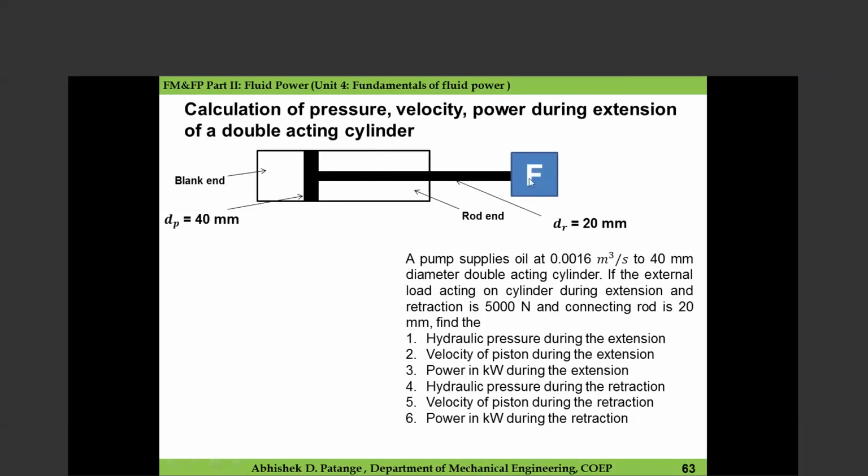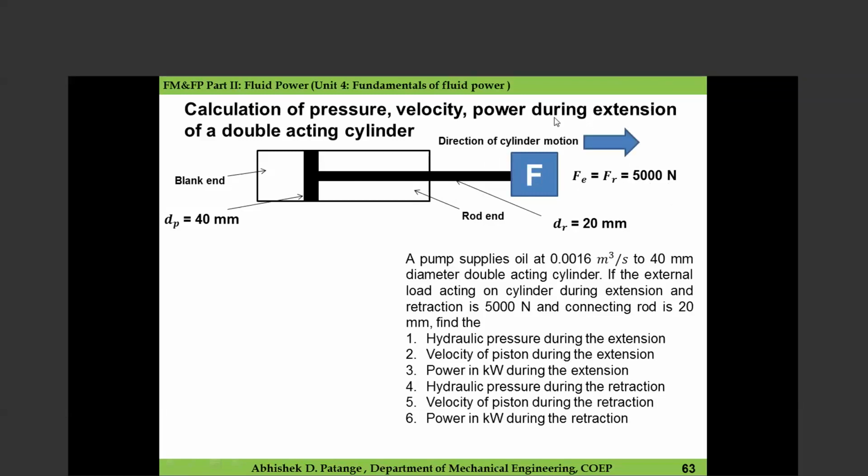Then we have this force which is to be extended and retracted. So this force is equal to 5000 Newton. So basically Fe is force for extension and Fr is for retraction, which is 5000 Newton.